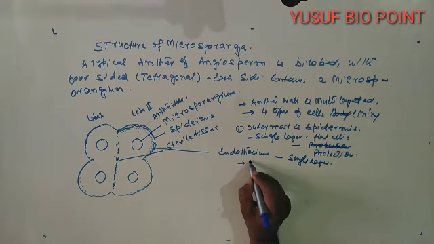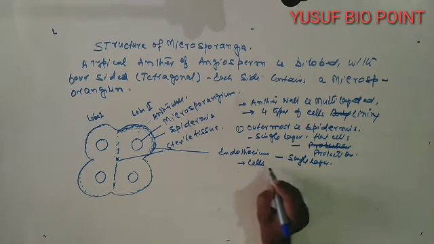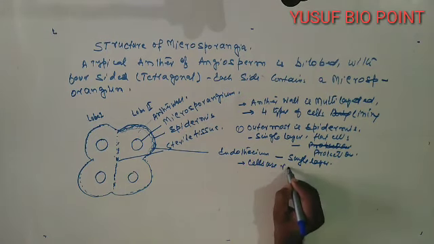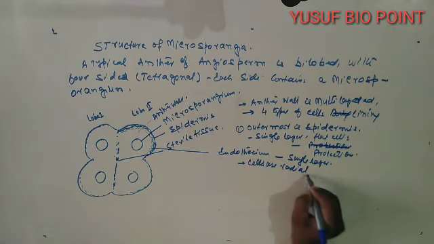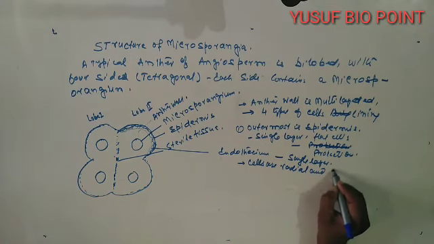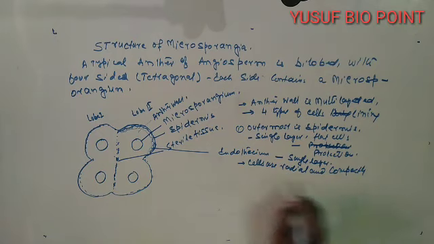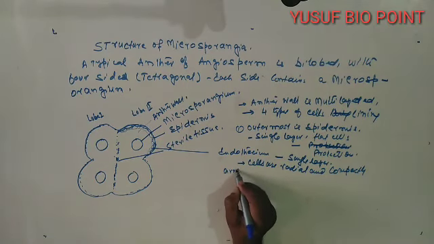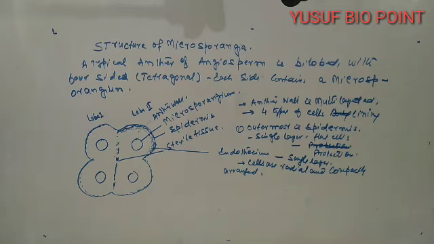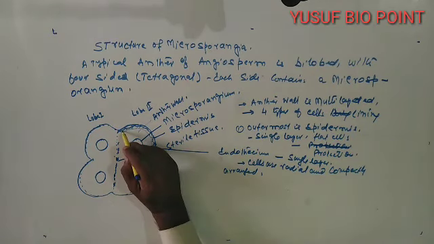Cells are radial and compactly arranged.